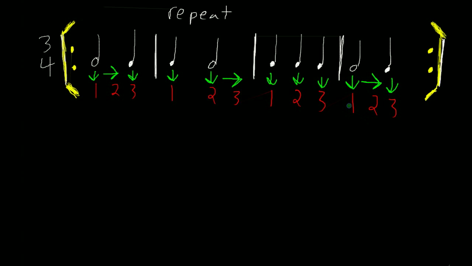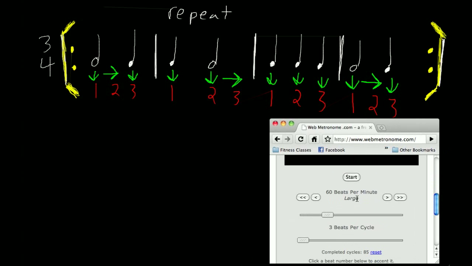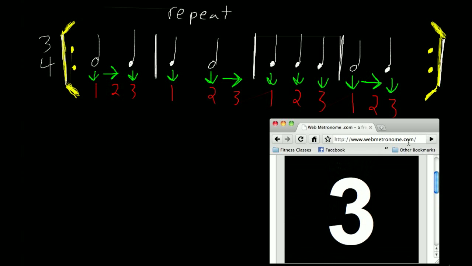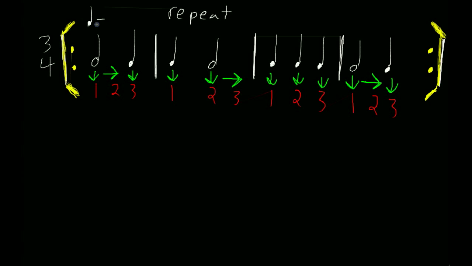And that's our analysis. Because we've got these repeat signs, we're going to sing through this twice. I'll grab the metronome. It's still set to 3 beats per cycle and to 60 beats per minute. I'm going to write this in one more time: quarter note equals 60. That's our tempo.